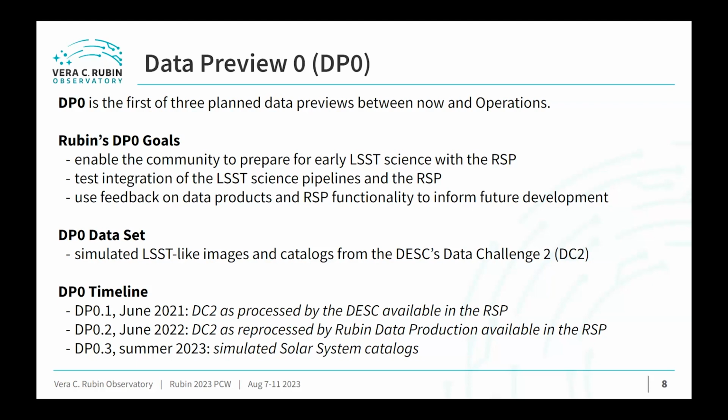And now, just last week, we released Data Preview 0.3, which was simulated solar system catalogs simulated by the Solar System Science Collaboration. They don't have images, but it is all of the catalogs that you would get out of the moving objects processing pipelines from LSST. And Mario is going to focus on what is in DP0.3, how it is made, and how you can use it.